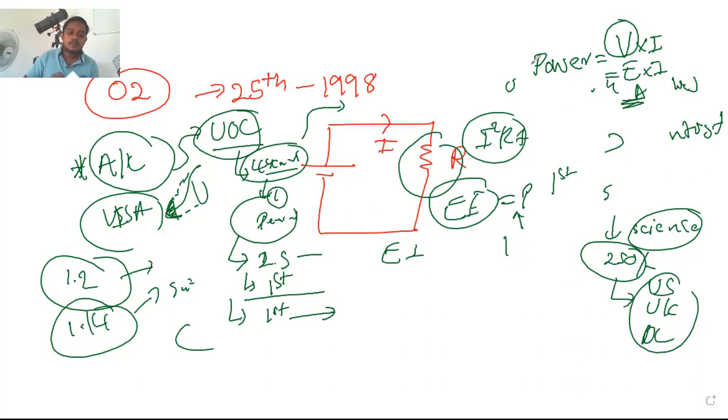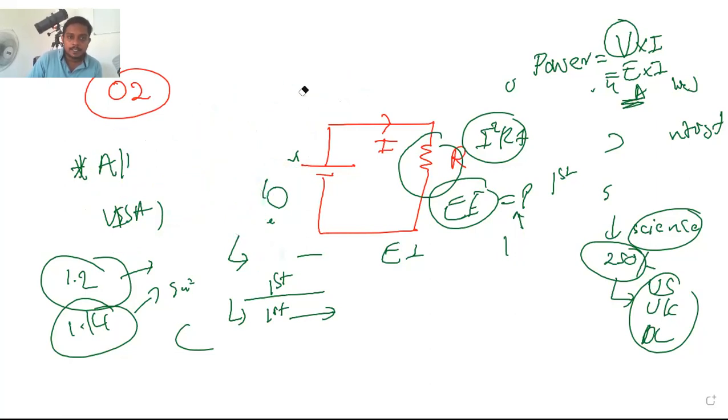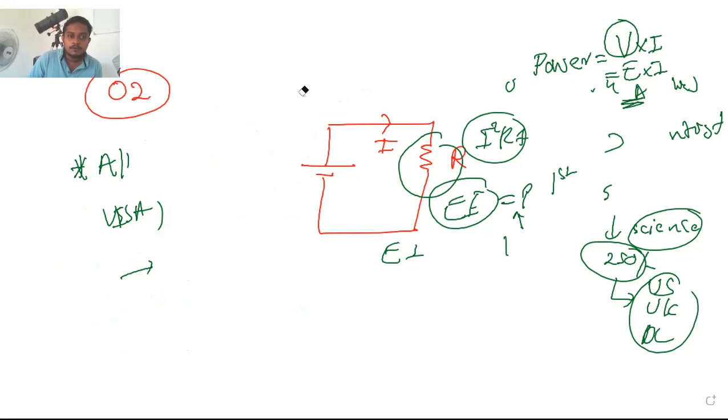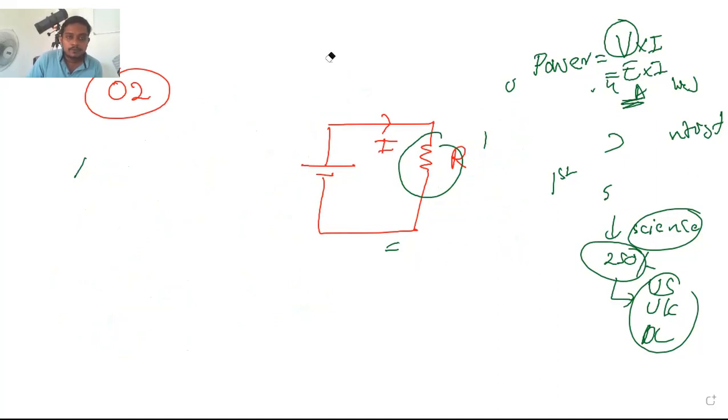Okay, so there is a mistake in this question. The fifth one, it's a printing mistake. The one who typed it got it wrong. So the fifth part, the fifth answer, you have to change. It is the power dissipated, power, not the energy.